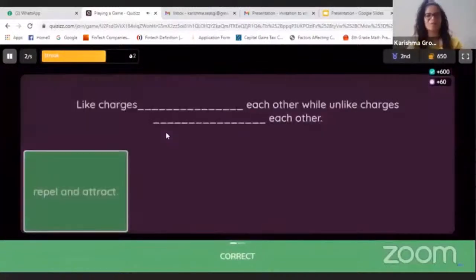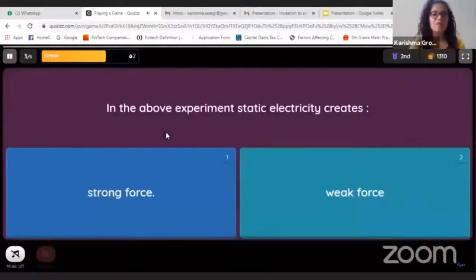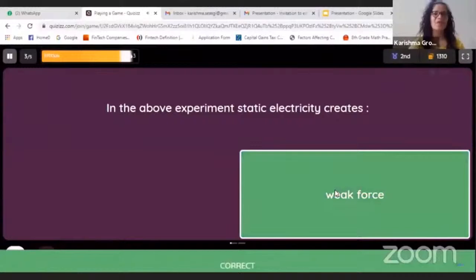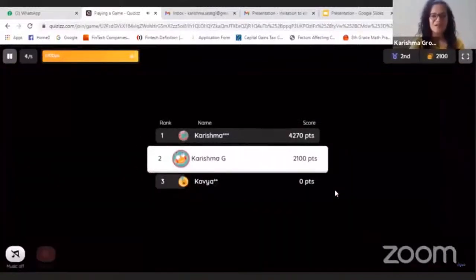Good job. Let's move on to the next one. In the above experiment, does static electricity create a strong force or a weak force? A strong force will attract. What will happen to the weak force? So what does it create? Weak force. Good job.